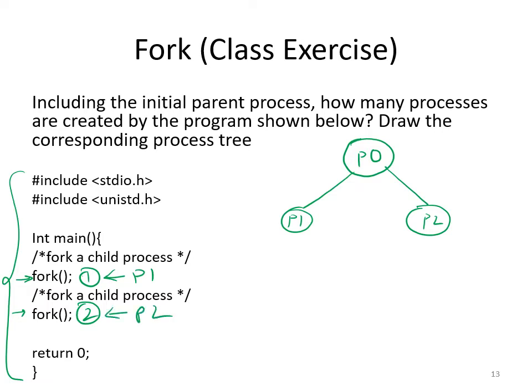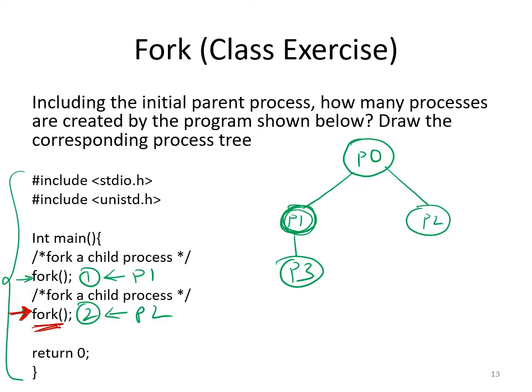So let's assume that P1 was created by this first fork statement and P2 was created by the second fork statement. So after creation, when P1 starts executing, it will start executing from this next fork statement over here. So P1 will actually execute one fork statement, so it will have one child. So let's say P3. However, when this P2 starts executing, P2 was created by this second fork statement over here.